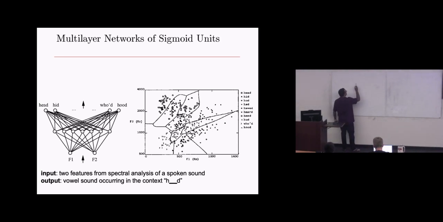The first is the input layer neurons. The second one is output layer neurons.